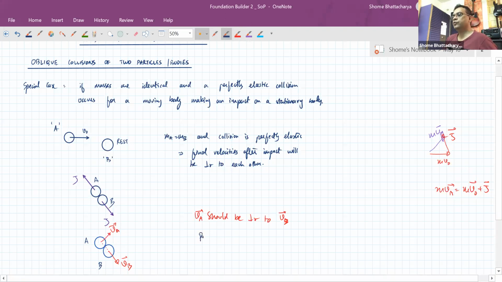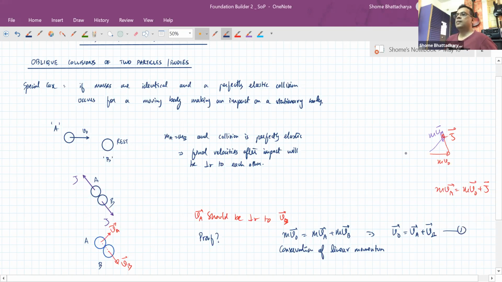So what is the proof of this? First of all, this vector relation comes from conservation of linear momentum, which holds for all collisions. So V0 should be equal to VA plus VB, because the masses are the same.